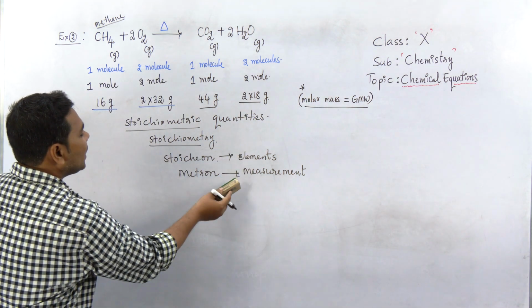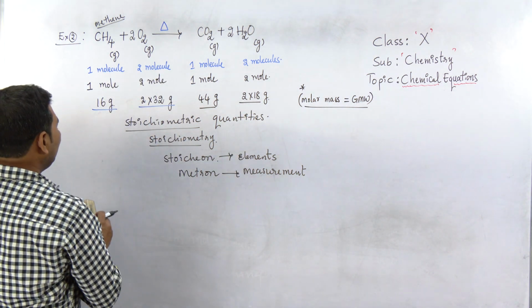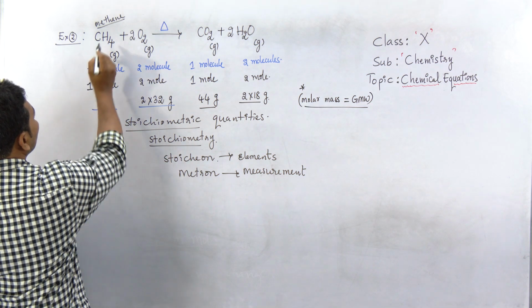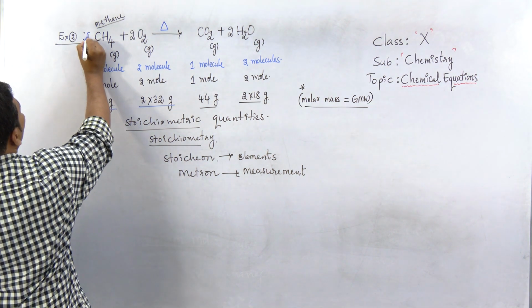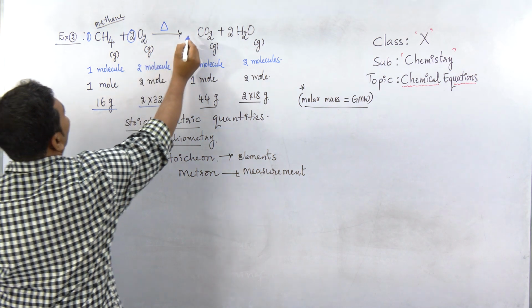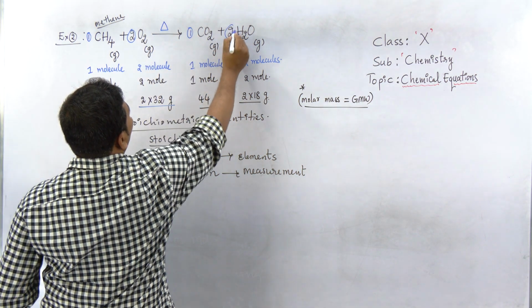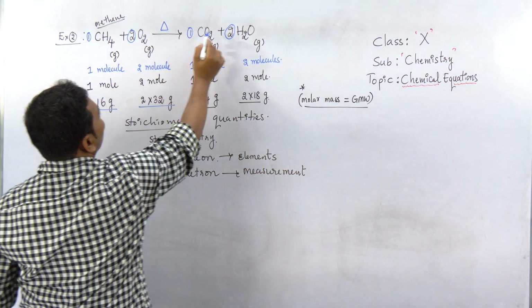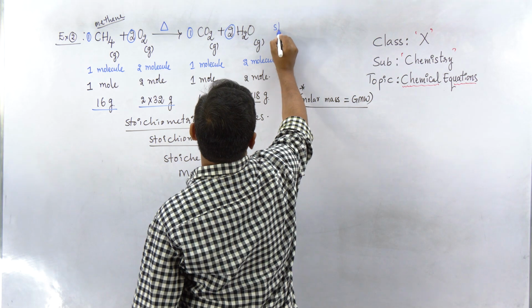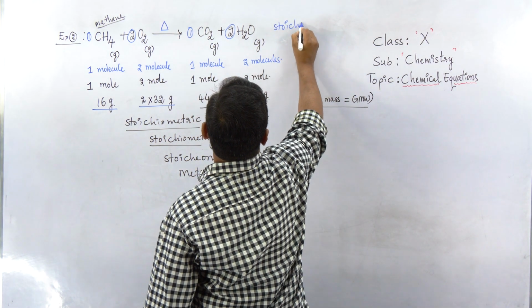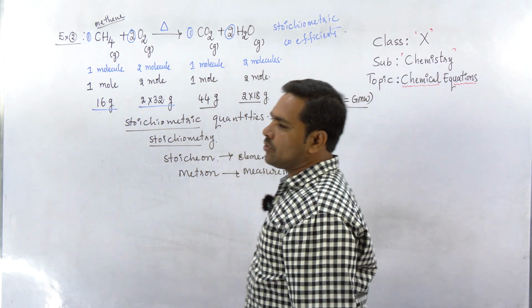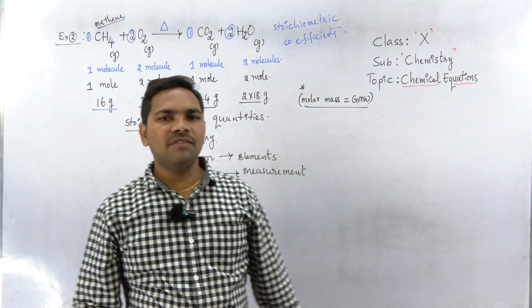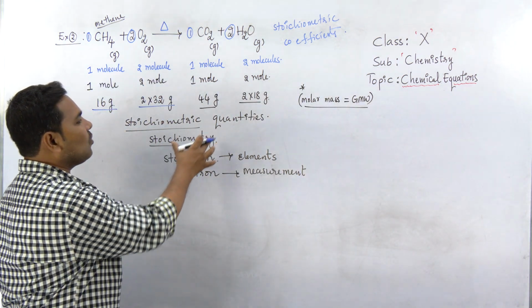These are called stoichiometric quantities, and these coefficients you see, it is 1 here, this is 2, and this is 1, this is 2. These 1, 2, 1, 2 are generally called stoichiometric coefficients. Using these stoichiometric coefficients, we obtain stoichiometric quantities.